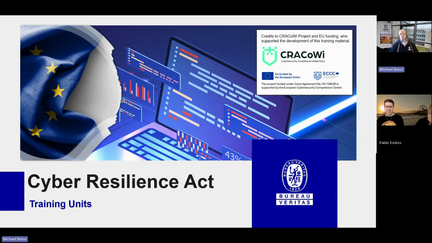In the CRAcademy, we will split this into 3 sections. The first section is today, with the first 3 training units, giving an overview and introduction of the Cyber Resilience Act, looking at its interplay with other regulations in the EU, and importantly, as a foundational starting point, seeing what is in scope and what is out of scope.